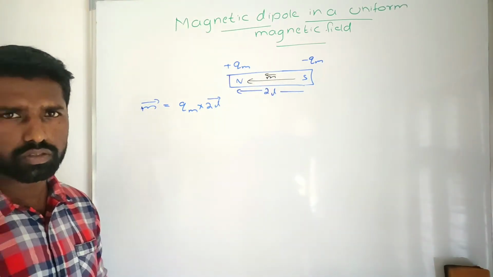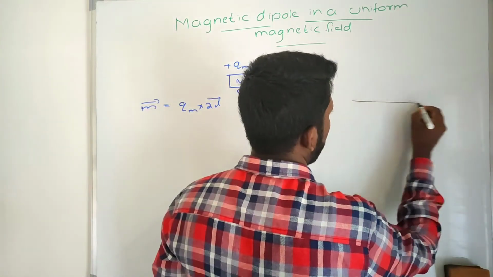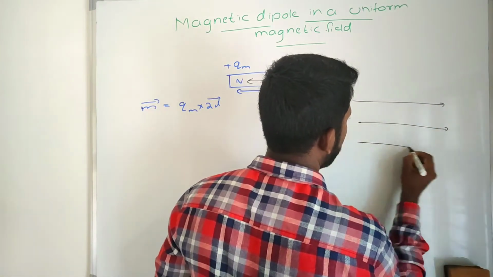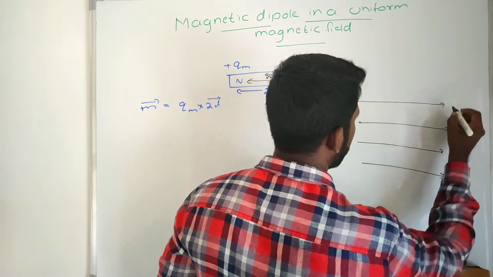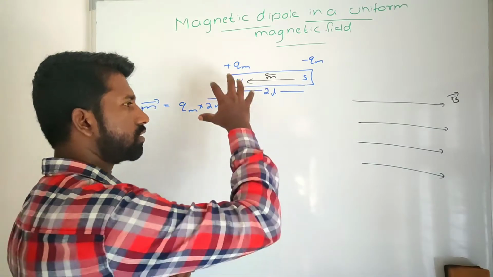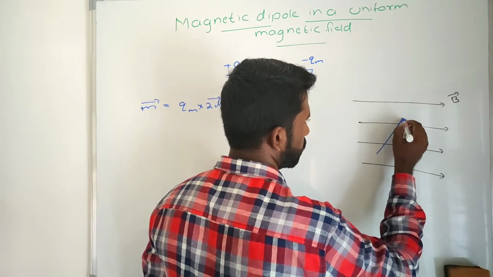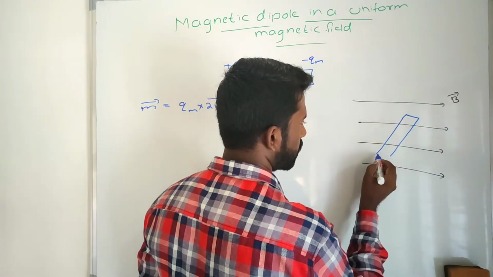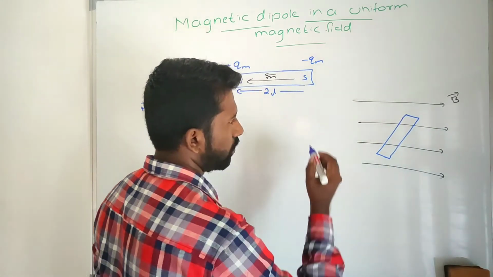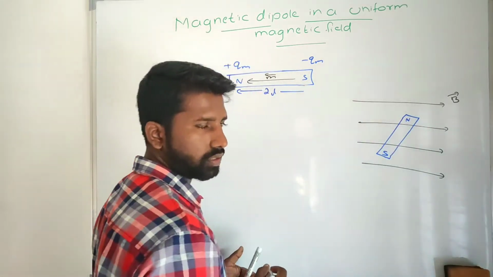Now I consider a uniform magnetic field in this region. I am going to place this magnetic dipole, the bar magnet, inside it. The south pole is here and the north pole is here.